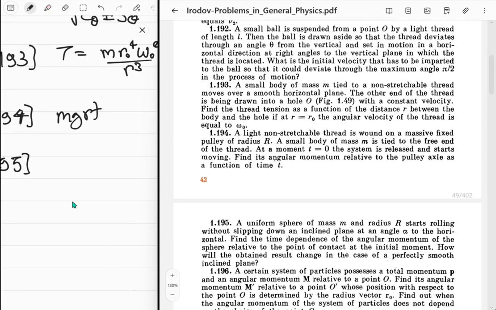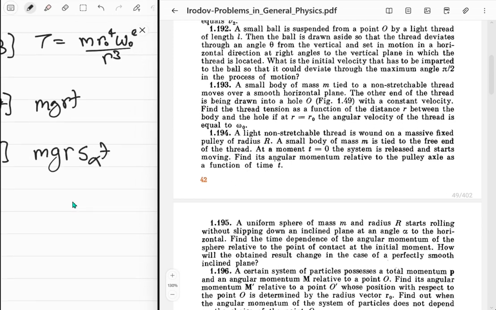Alpha can be dealt with, but unfortunately it's not pure rolling, so you cannot just do that. Fine, whatever. So this is the equation that we got: mgr sine alpha times time is our angular momentum at any time t. So that's 195.